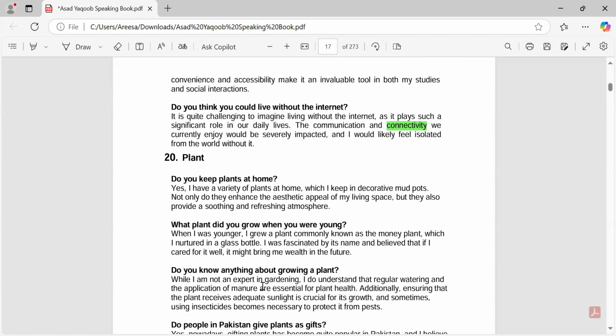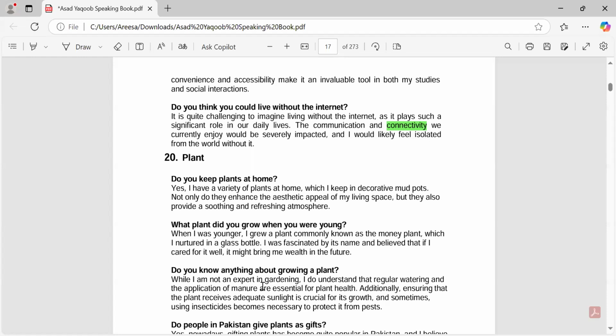Sorry. Yeah. Do people in Pakistan give plants as gifts? Please repeat the question. Do people in Pakistan give plants as gifts? Yes, on different occasions, like in a wedding or engagement ceremony, people prefer to gift plants, like a bundle of red roses.